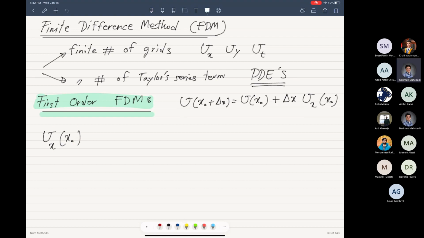So let's write this first order FDM, or the Taylor series, in terms of the derivative. If I rewrite everything, the first derivative of my unknown function can be approximated by the unknown function at x naught plus delta x minus the unknown function at x naught, divided by delta x.